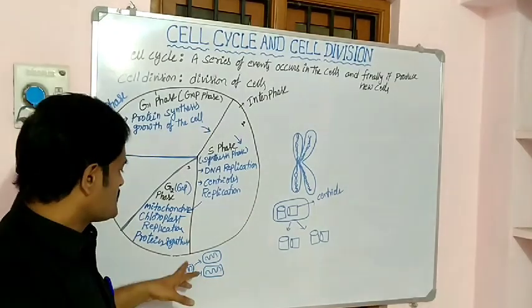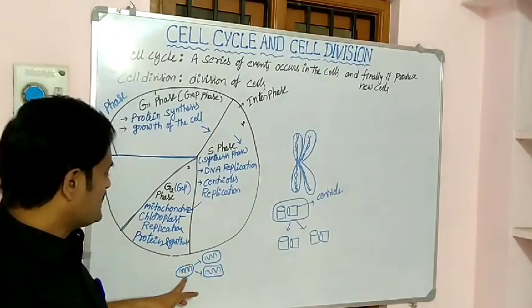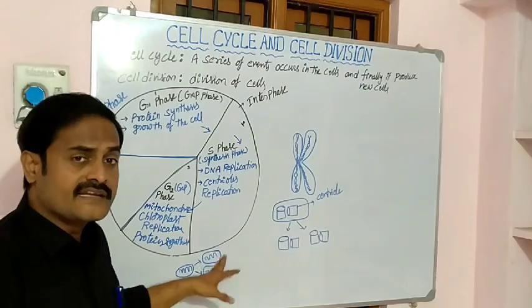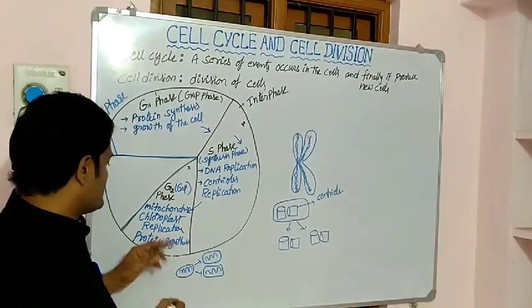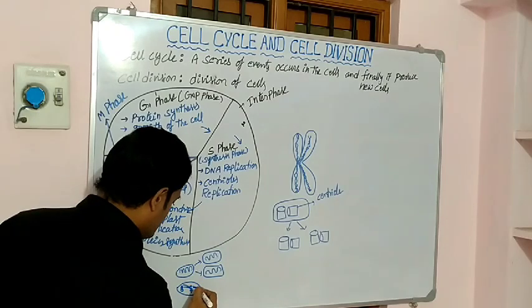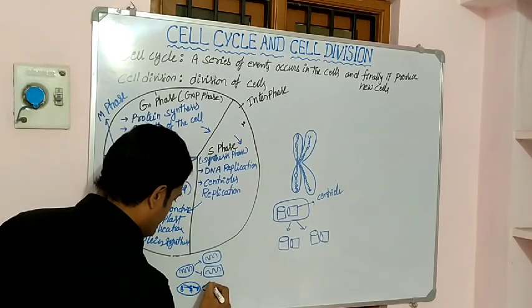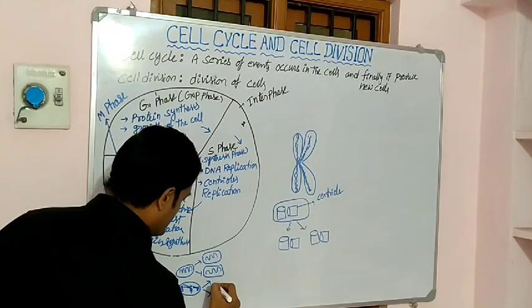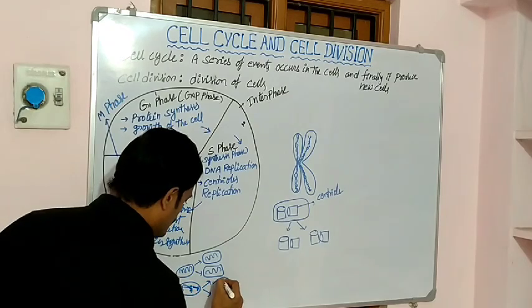G2 phase. So this is called mitochondria replication. Same like that, chloroplast. When we observe a plant cell, the chloroplast is present like this. This chloroplast is also able to give new chloroplasts like this.